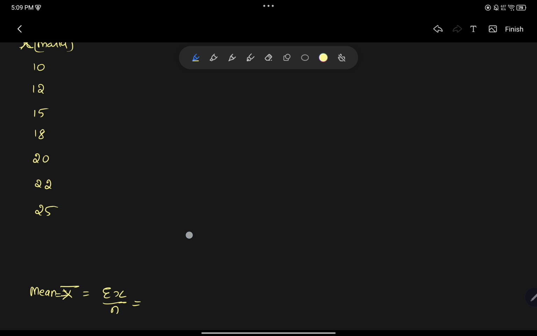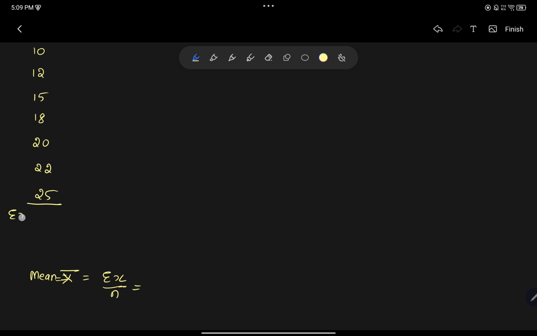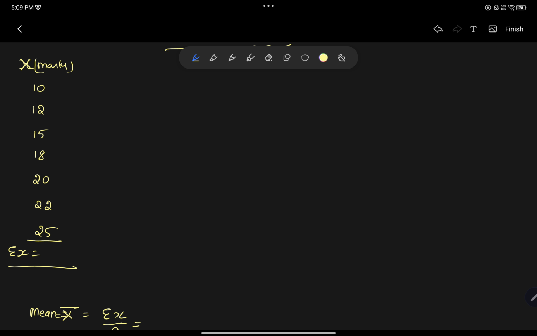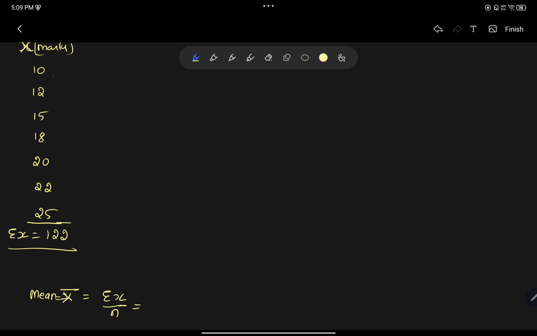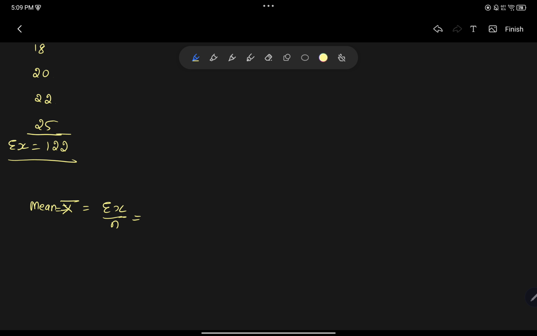Summation of x is 10 plus 12 plus 15 plus 18 plus 20 plus 22 plus 25, which is 122. N means number of items. How many items are there? 1, 2, 3, 4, 5, 6, 7 items. So 122 divided by 7 is 17.43. So here you got x bar.